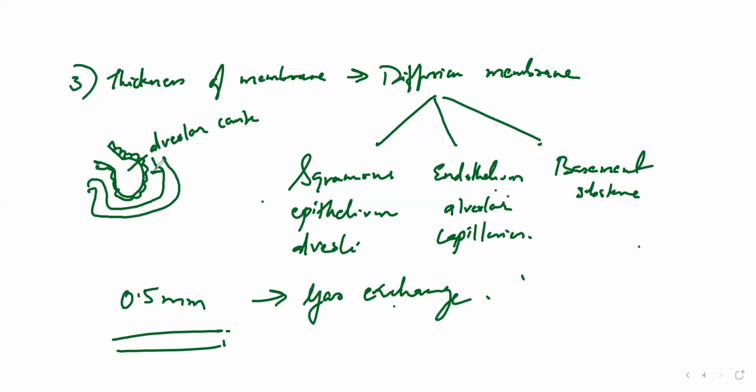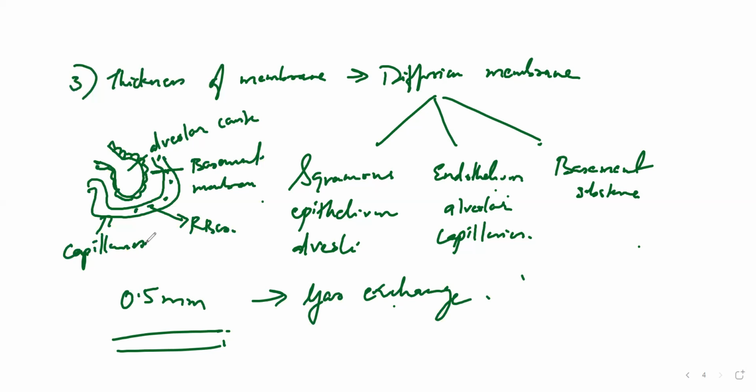In between, whatever the space is there, this is the basement membrane. Now through this, your RBCs will be flowing. So this is generally the capillaries, where the blood flows. This is generally how it looks, the three types of membranes which are there. Because of the perfect thickness, about 0.5 mm, easy gas exchange will take place.